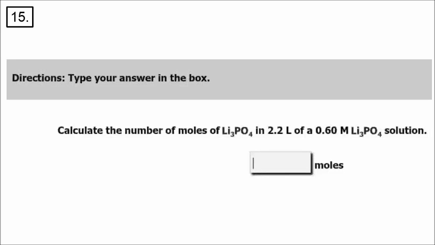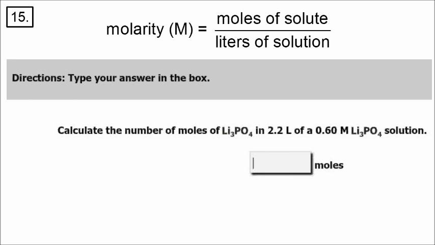Question 15 deals with molarity again, but this time we're not calculating the molarity, we're calculating the number of moles of this particular substance that are present in 2.2 liters of a 0.60 molar solution. So 0.60 represents the ratio of moles of solute per liter of solution.